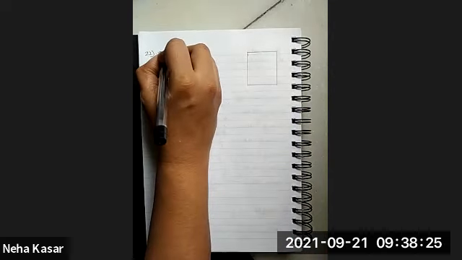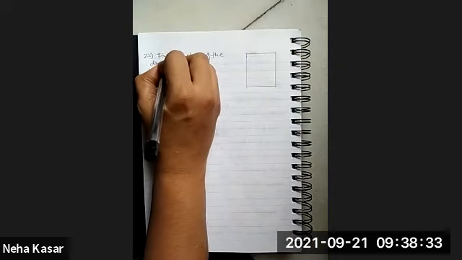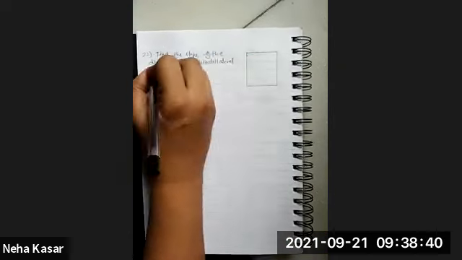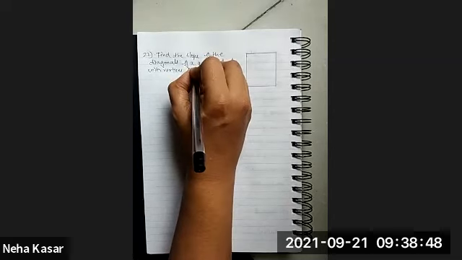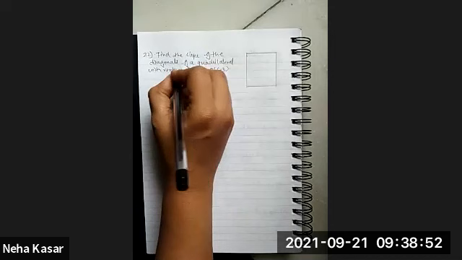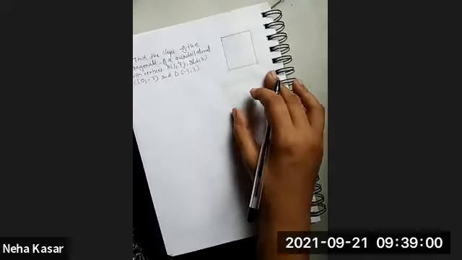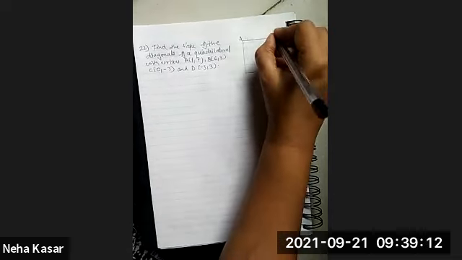Find the slope of the diagonals of a quadrilateral with vertices A (1, 7), B (6, 3), C (0, -3) and D (-3, 3). Here you can have the rough figure.